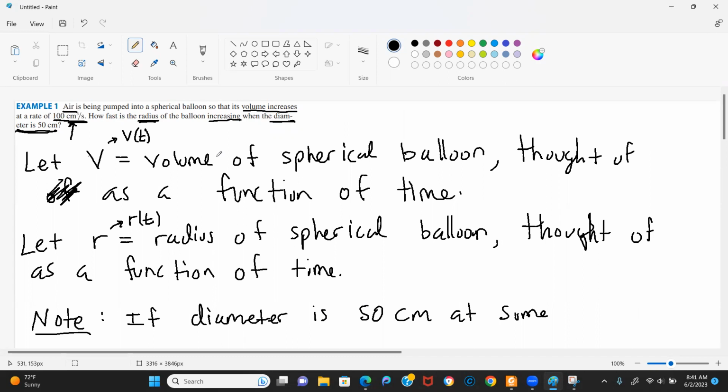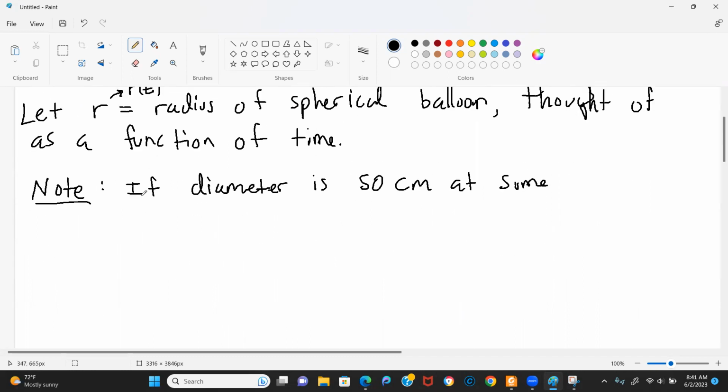We don't know when the diameter will actually be 50 centimeters, but at some point in time it will be. So if the diameter is 50 centimeters at some point in time, t, or t zero, whatever, you can give that time a name.